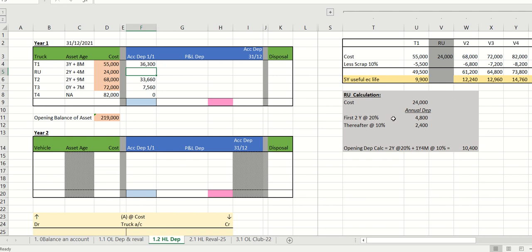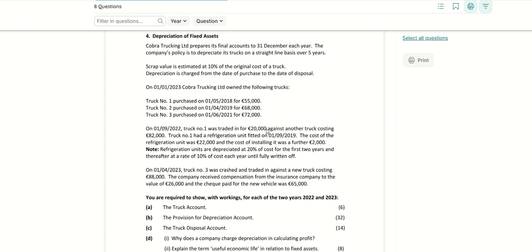Then we have the RU. So in all depreciation questions, the RU or the GPS tracker or the tachograph or whatever it is that has been fitted to an asset usually has a different depreciation story going with it. So reading the question carefully, the cost of the refrigeration unit was 22 and they added 2, so 24. Note, refrigeration units are depreciated at 20% of cost for the first 2 years and 10% thereafter.